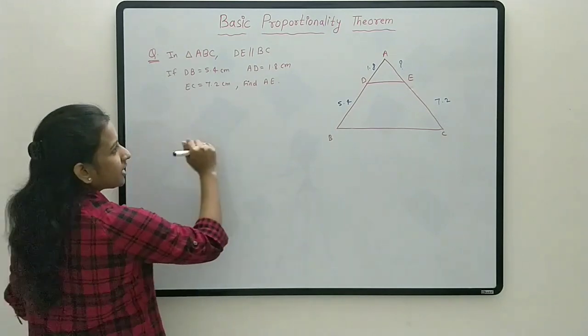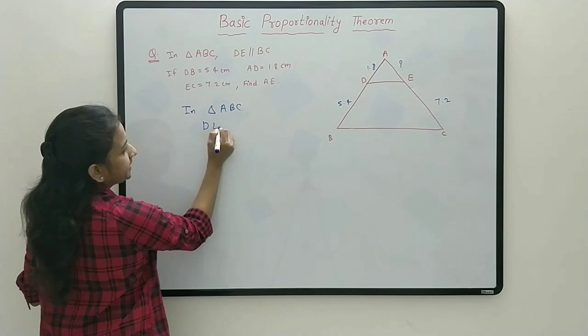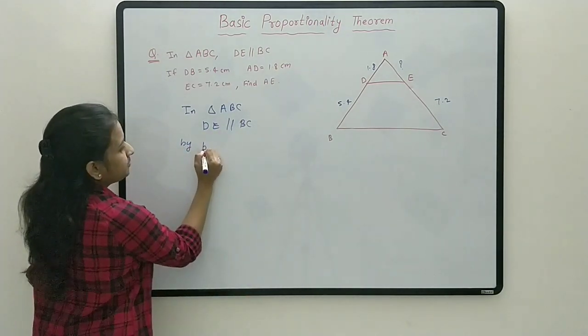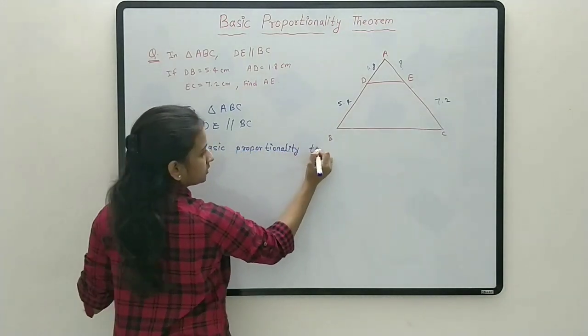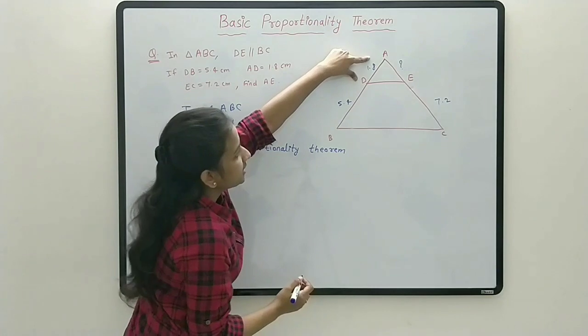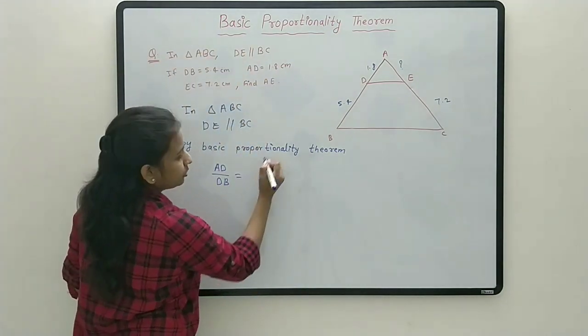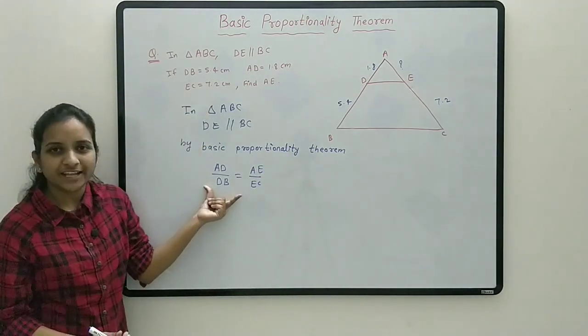Okay, let's quickly solve it. See, in triangle ABC, DE is parallel to BC. It is already given. By the basic proportionality theorem, the ratio AD upon DB is equal to AE upon EC. Let's substitute these values here.